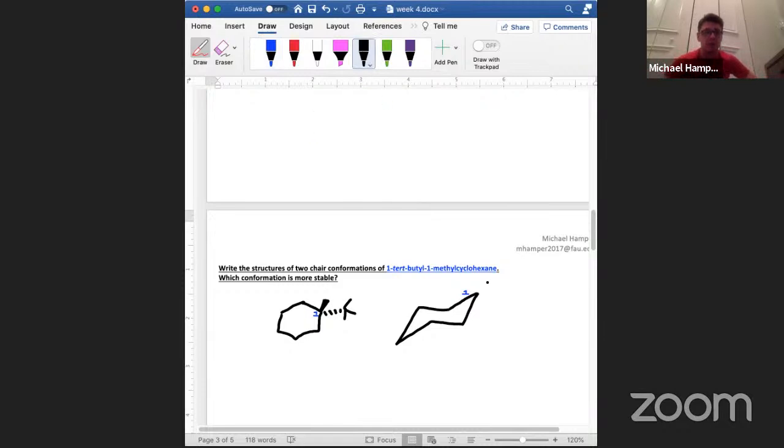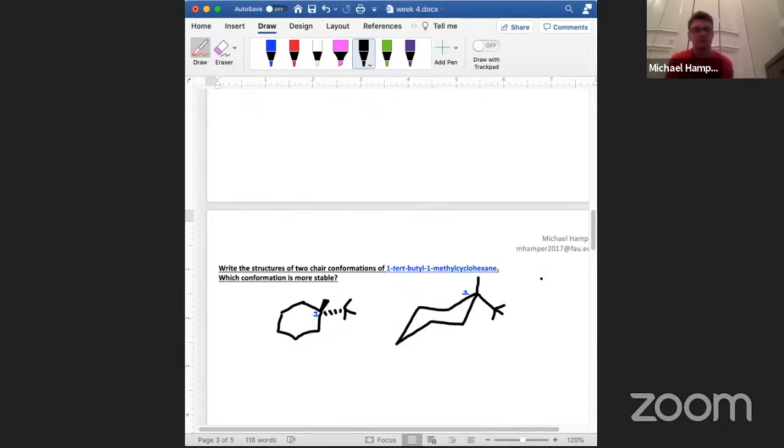Wedges up, what is up, tert-butyl or methyl? Methyl. Methyl, and tert-butyl is down. So now you're able to call something axial or equatorial.